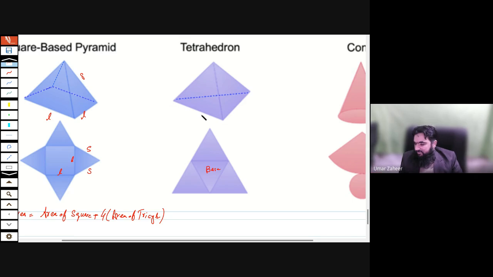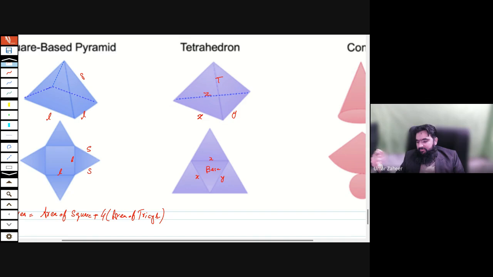If I'm going to give the names, let's say it is X, Y, Z, and let's say it is T. So it is X, it is Y, it is Z. Mostly they are all equal.